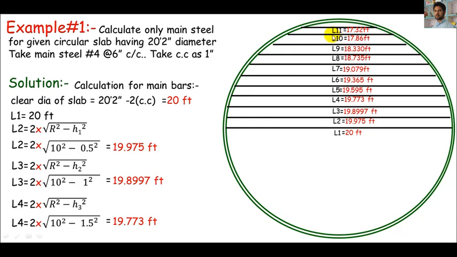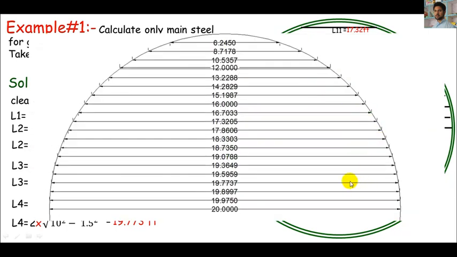Here, let me show you a picture from my AutoCAD. This one. You can clearly see over here. The last reading is 6.245. And these are much bars. We calculated 3 bars a few minutes ago, which were 19.899, I think this one, and 19.773.